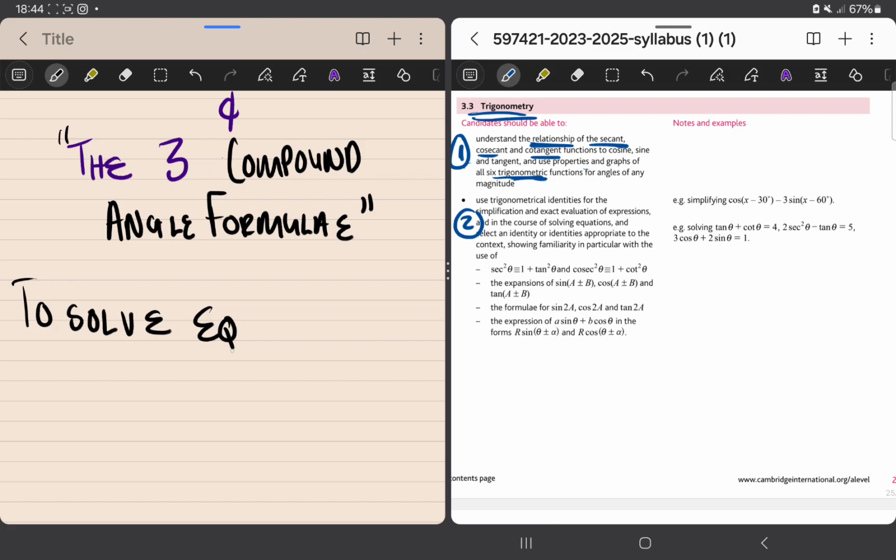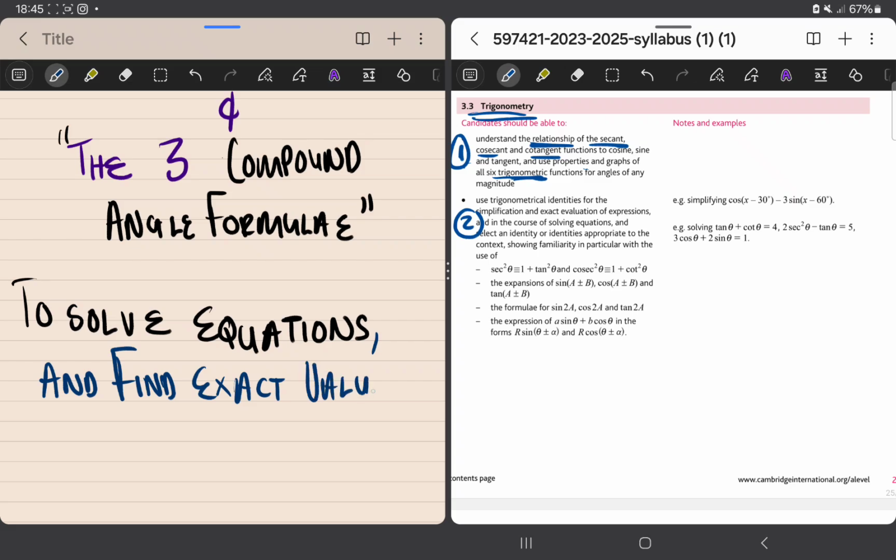We are solving trig equations, and we are going to use them to solve equations, simplify, or find exact values.